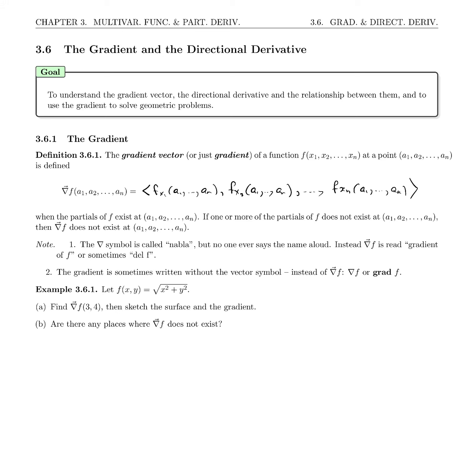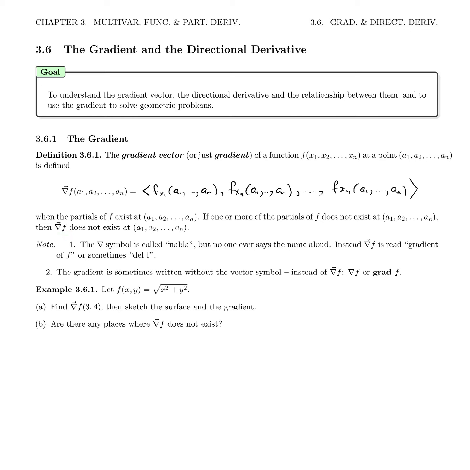So it is the vector of partials of the function f evaluated at the point a1 through an, when these partials exist. If one or more of the partials of f does not exist at a1 through an, then the gradient does not exist at a1 through an.